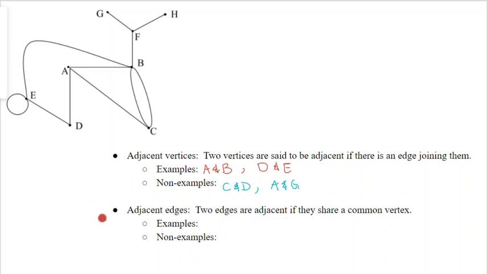Adjacent edges: two edges are adjacent if they share a common vertex.